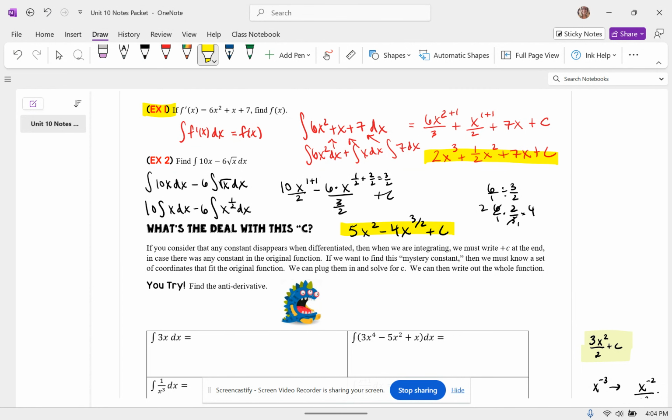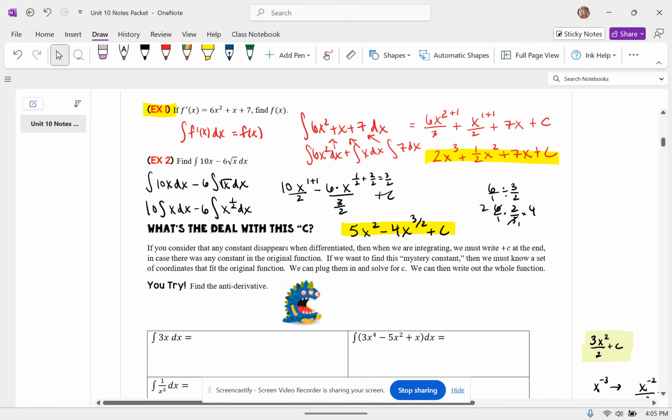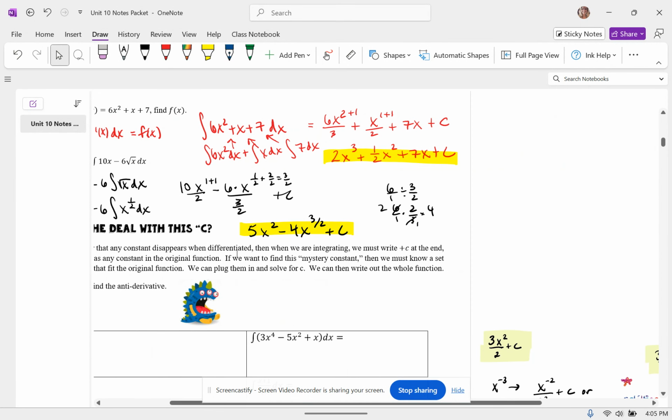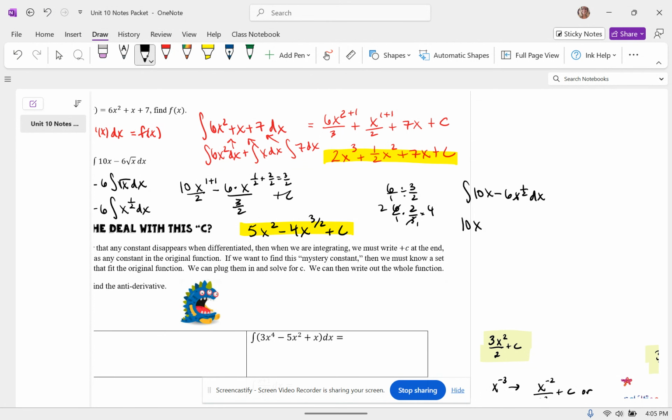If you didn't feel like breaking up the integrals like that across all the different pieces, you could have had the integral of 10x minus 6 times x to the 1/2 dx, and then just worked piece by piece. Totally okay. You would have 10x squared divided by 2 minus 6x to the 3 over 2 divided by 3 over 2, and that would end up reducing to the exact same thing that you got over here.